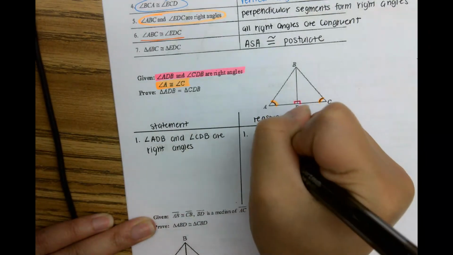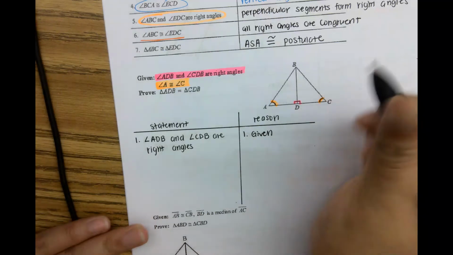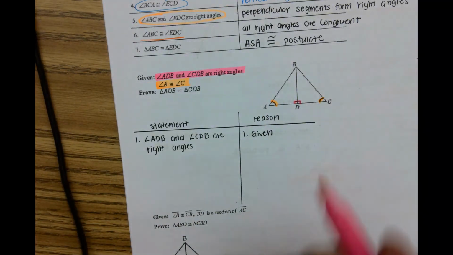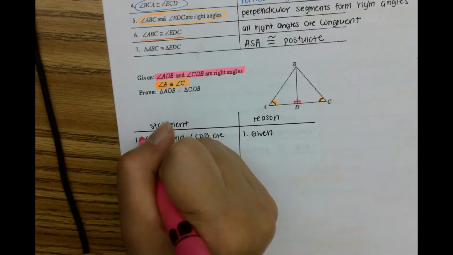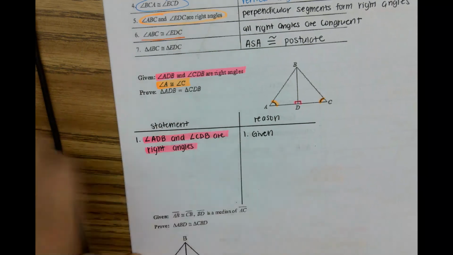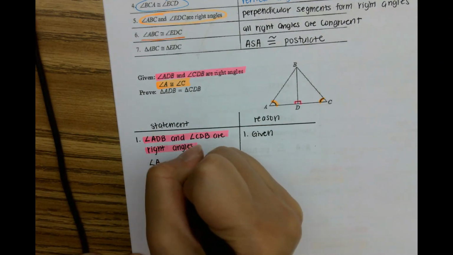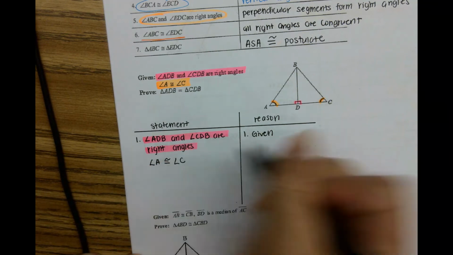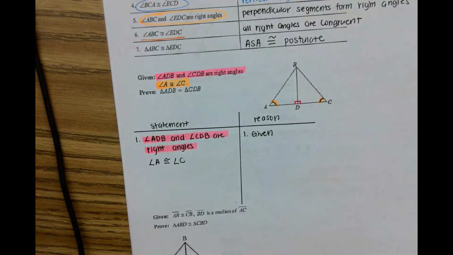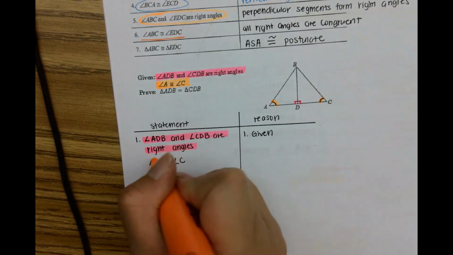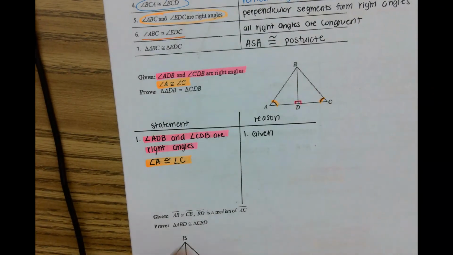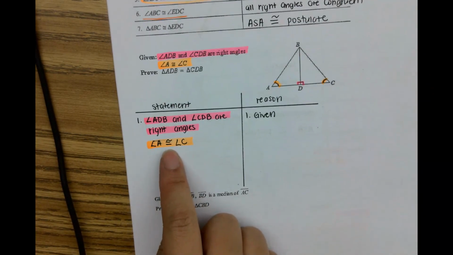That was given to me. The other thing I'm given is that angle A is congruent to angle C. And again, the reason for that is they are given to me. Nothing more I can do about angle A being congruent to angle C.